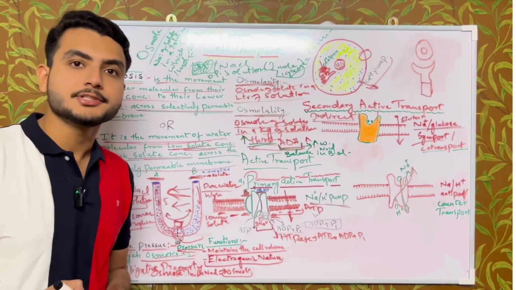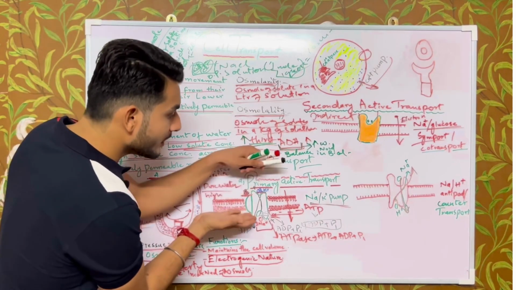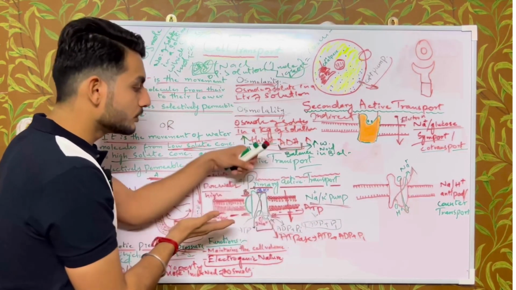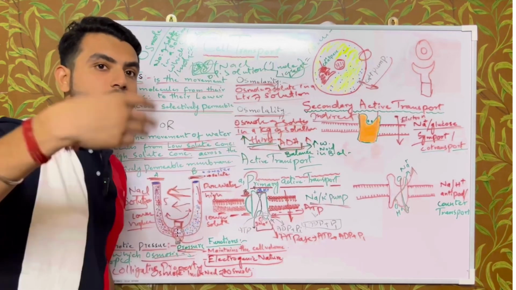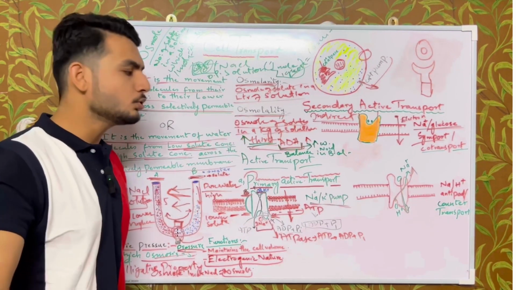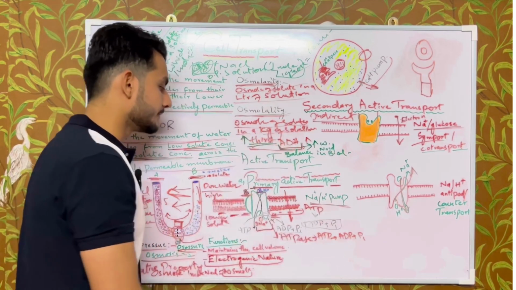This energy is used for the flipping of this transporter. Due to the flipping, 3 sodiums are thrown out and 2 potassiums are brought in.